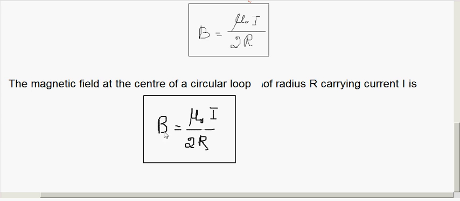Now the direction can be found using the right hand grip rule.